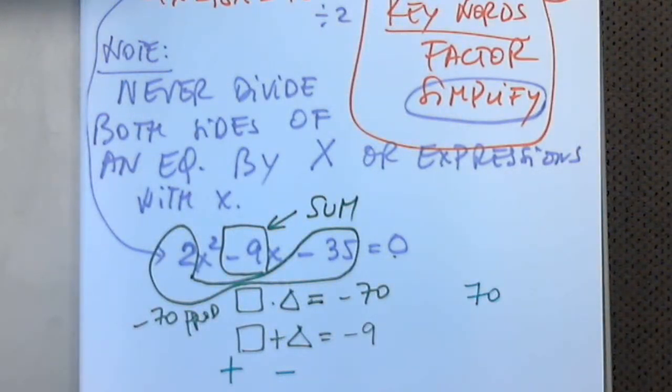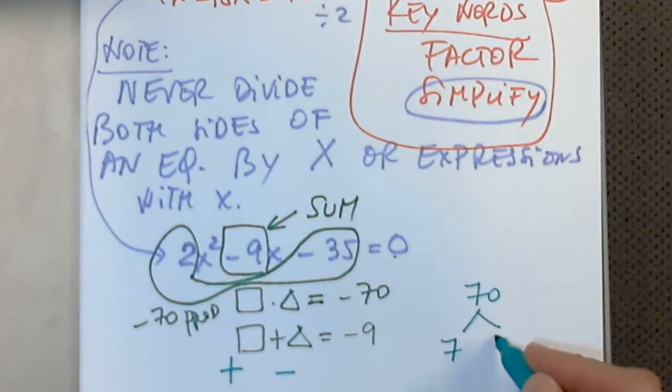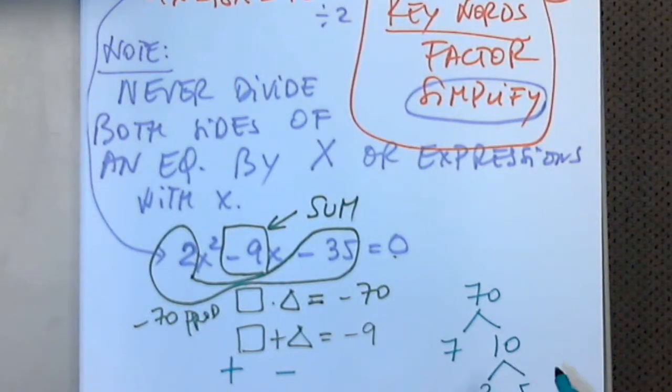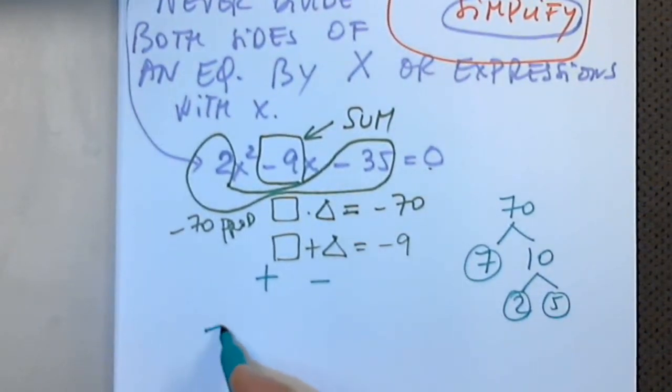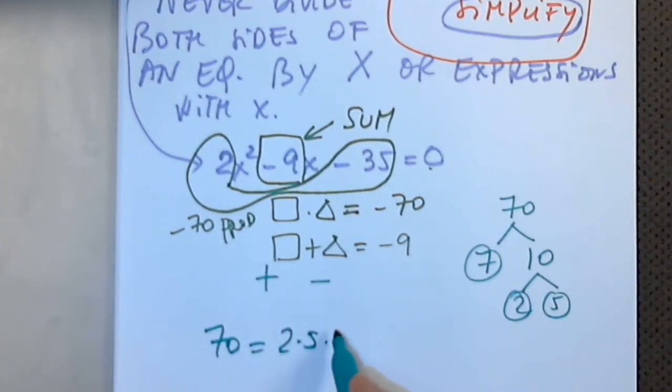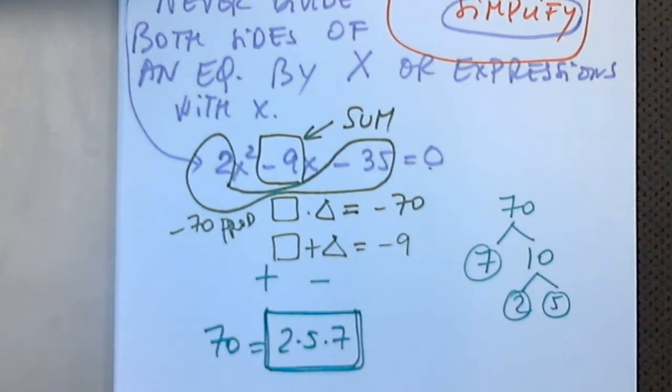So now the product is 70. Let's say 70 is a big number, but I know in prime numbers is 7 times 2 times 5. So if that's the case, let's use all these factors and come up with two numbers, one negative and one positive, whose sum is negative 9.